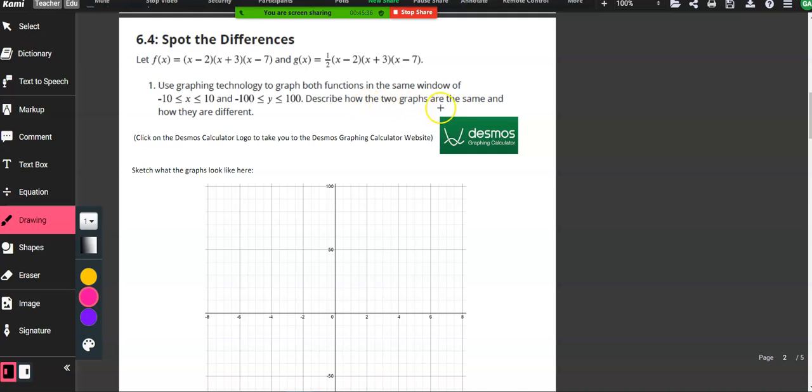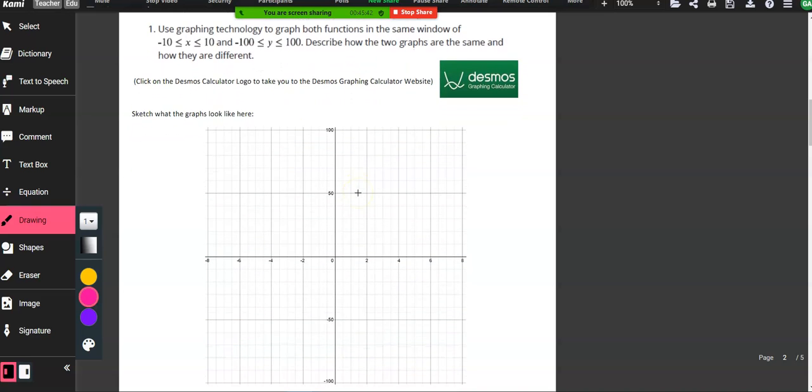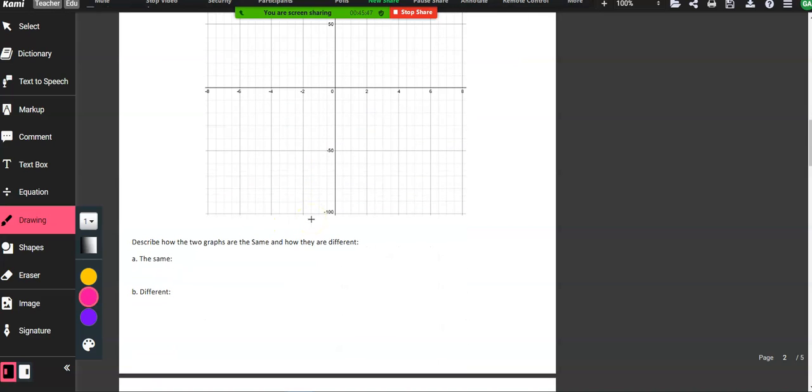And you're going to describe the two graphs. Describe how the two graphs are the same and how they're different. Right here, you'll make a sketch of your graph, and down here you'll give me a statement of what they have the same, what they have different.